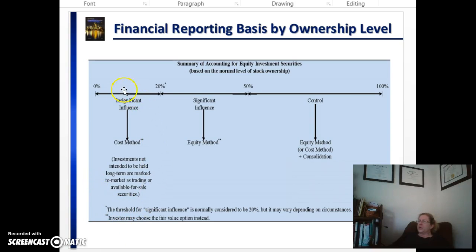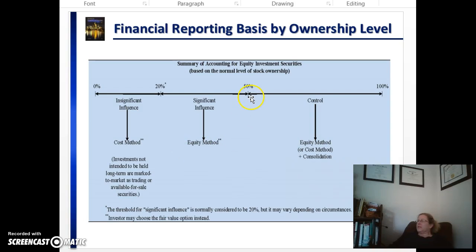So these securities that we have insignificant influence over would be considered trading or available for sale securities. And then if the purchase is between 20 and 50%, then we would say they have significant influence, not total control, but significant influence. And so here you're going to want to use the equity method.